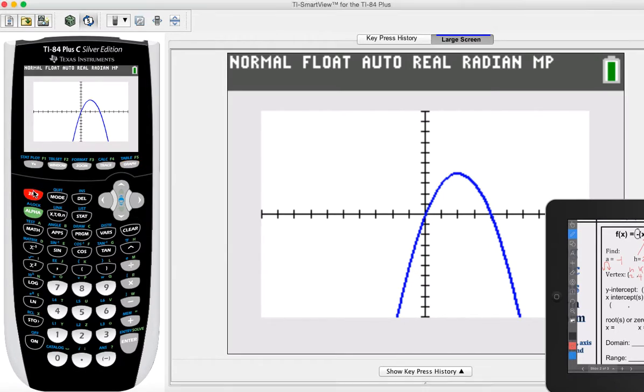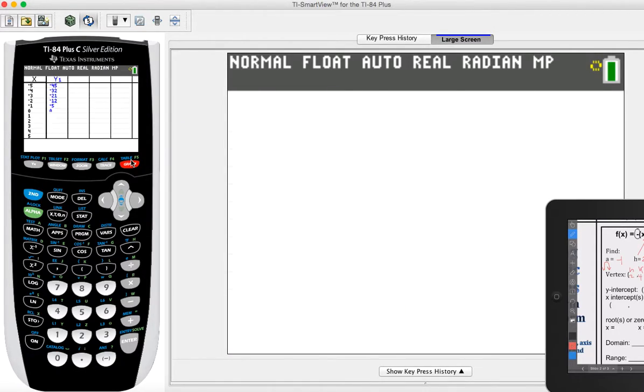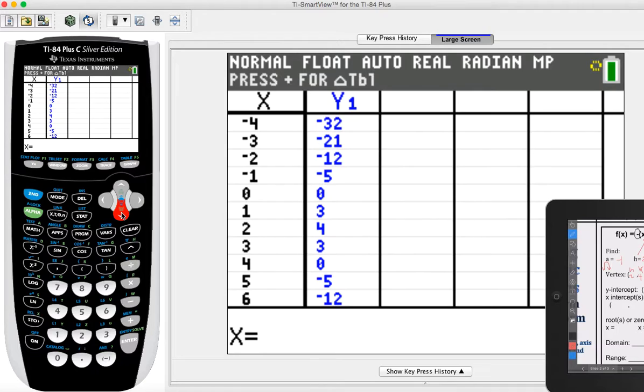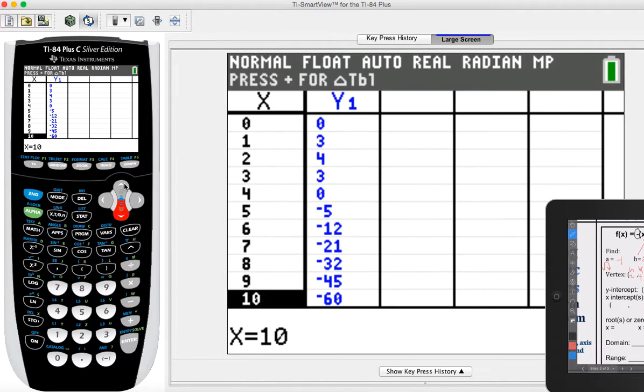Now let's go to the table and see how I can know what the vertex is from the table. I need to look for a point where everything around it is symmetrical. So let me look. Okay, let me make this go down a little bit. Okay, so do you see a point where everything around it is symmetrical?